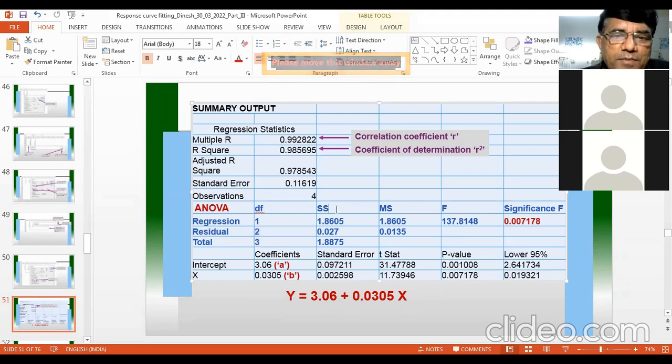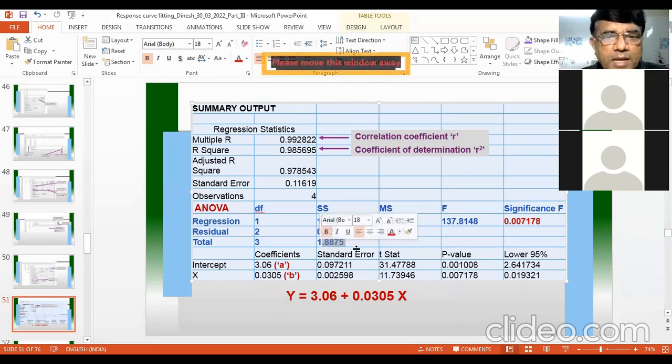Then sum of square, if you remember, we did it manually. Sum of square for regression or linearity. Total sum of square, the summation of small y square. And then you get residual by the difference method: the total sum of square minus this gives you the residual. Then mean square.